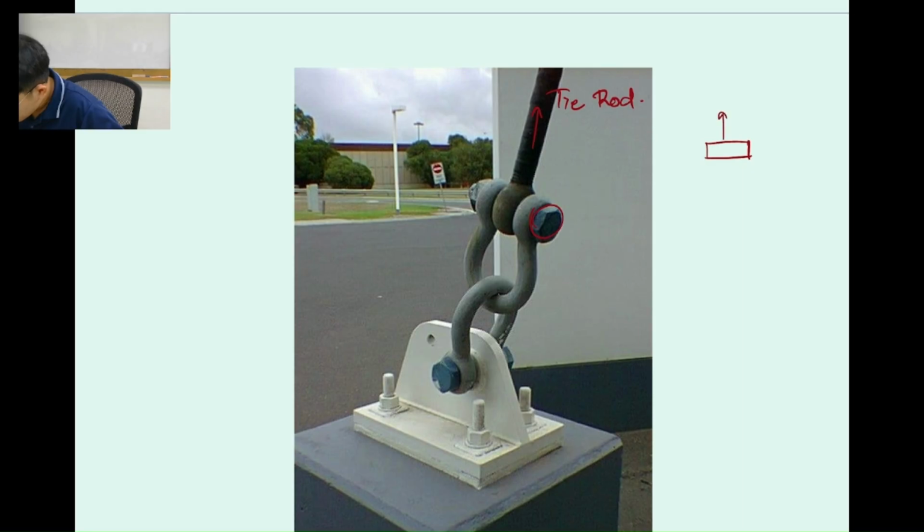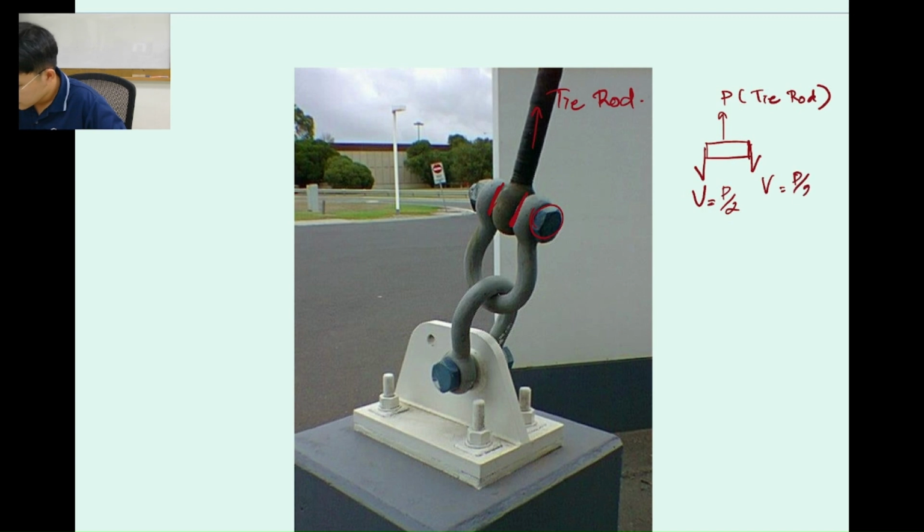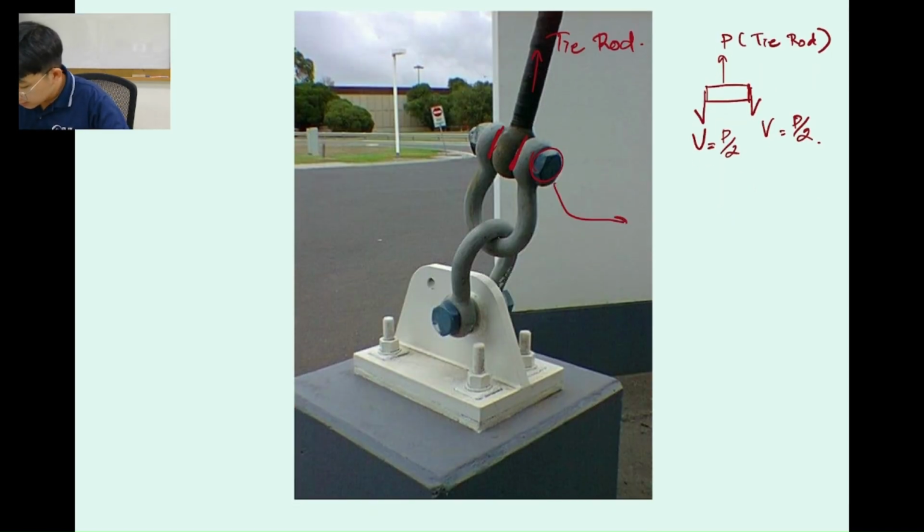We have the tie rod over here, pulling force P from the tie rod. Then the surface of the connection over here is going to be the direct shear that occurs to the bolt. Okay, so the shear over here is going to be equal to P over 2. This one is going to be P over 2 similarly. Okay, so from this point, we call it the double shear.